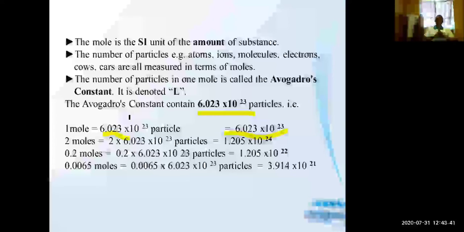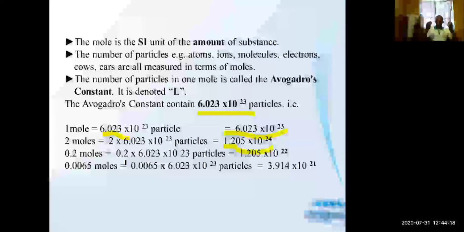That is 2 times 6.023 times 10 raised to power 23, which, if you do it correctly, gives 1.205 times 10 raised to power 24. So so long as we know the number of particles in 1 mole, we can calculate the number of particles in any given moles.